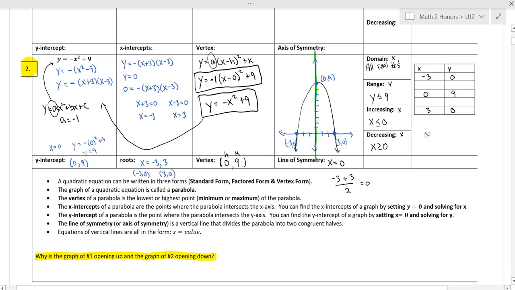So my equation is y equals -x² plus 9. And let's let x be 1. So if x is 1, then y is going to be -1² plus 9. Now it's not negative squared, it's just the 1 squared times the negative plus the 9. So it's going to be -1 plus 9, which is 8. So 1, 8.